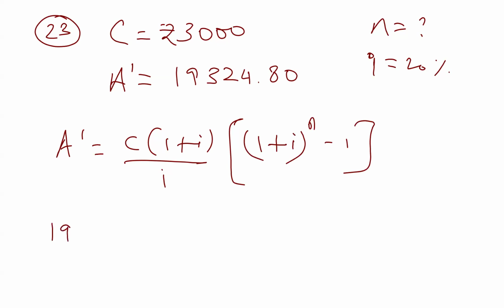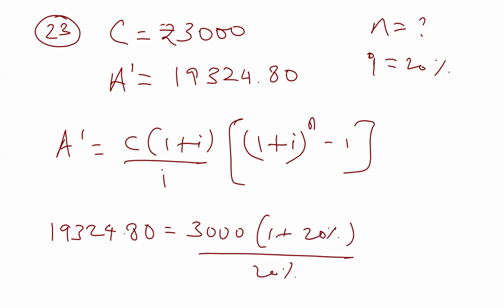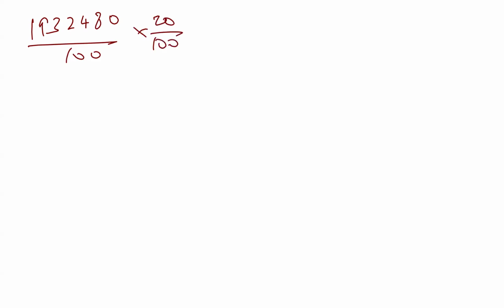A dash is equal to 19324.80. C is 3000. 1 plus I is 1 plus 20%, upon 20%, 1 plus 20% raised to N minus 1. You can send this 20% over here. So 1932480 upon 100. I am eliminating the decimal point, into 20%, 20 upon 100.